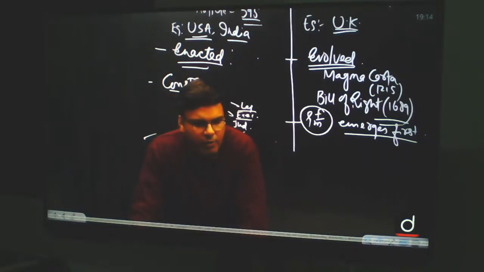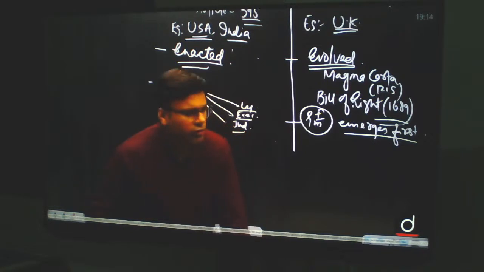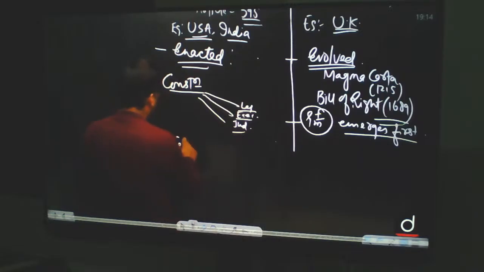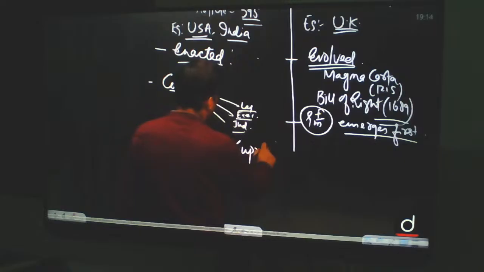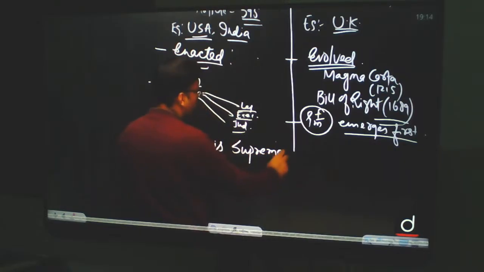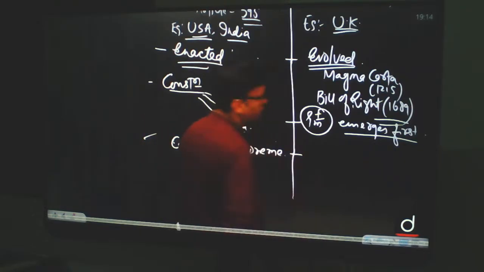अनरिटन वाले कॉलम में लिखिए, कॉन्स्टिट्यूशन इज सुप्रीम, हाँ अनरिटन, सॉरी रिटन वाले में, कॉन्स्टिट्यूशन इज सुप्रीम। इसलिए सुप्रीमेसी कॉन्स्टिट्यूशन का है, और यहां पर क्या सुप्रीम है अनरिटन में, पार्लियामेंट इज सुप्रीम.